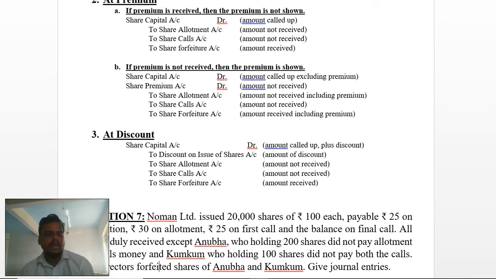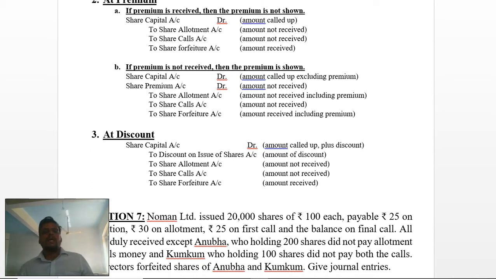Just remember that at par, it is very easy to do the forfeiture. But at premium, you have to be careful whether the premium has been received or not, and then you can enter the entries accordingly. Now at discount, the amount is very clear.